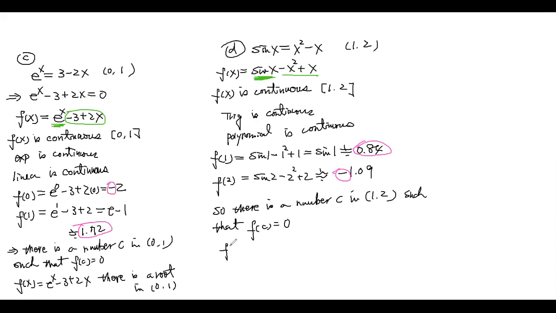So I know that f of x, this one here, is sin x minus x squared plus x, so this one has a root in the interval (1, 2). And that's it, right?